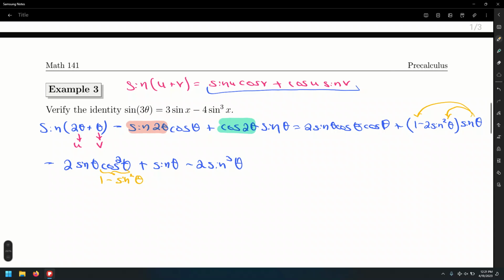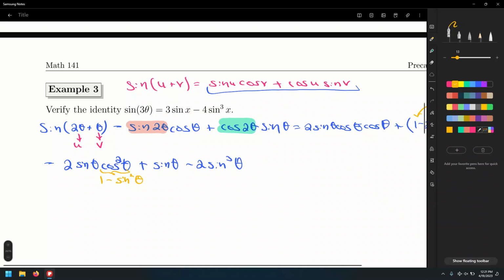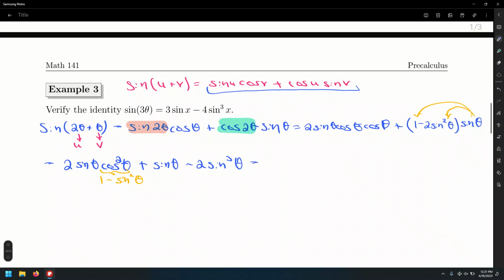That's from the Pythagorean identity. Now let's replace with that, and that equals 2 sine theta times 1 minus sine squared theta plus sine theta minus 2 sine cubed theta.